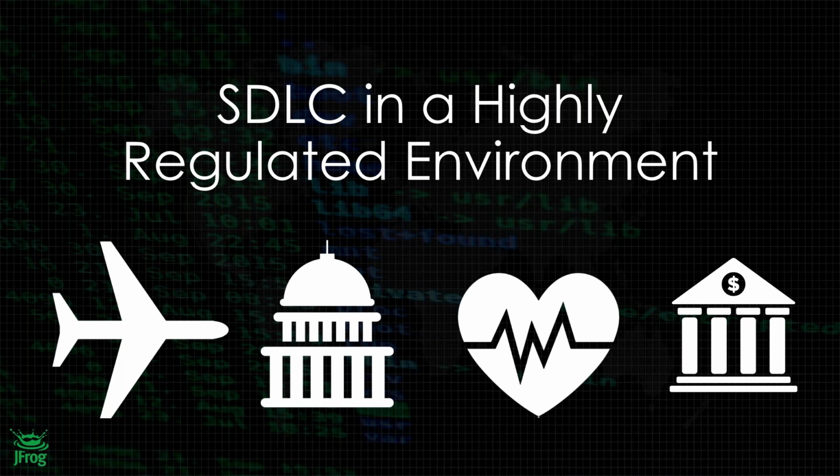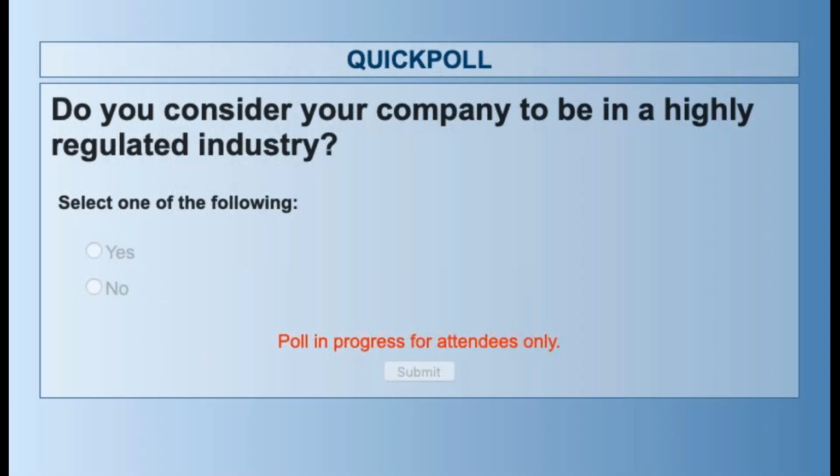Awesome. Well, the first poll is going out right now. It should be on your screen. The poll is, do you consider your company to be in a highly regulated industry? Simple yes or no. We'll give you guys a couple seconds here to make your selection, and then we'll push out the second poll.